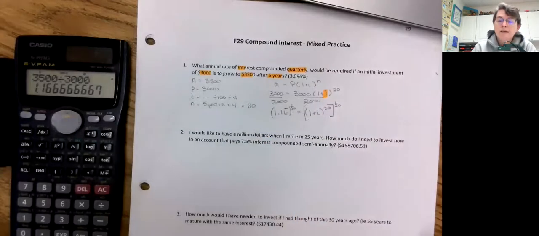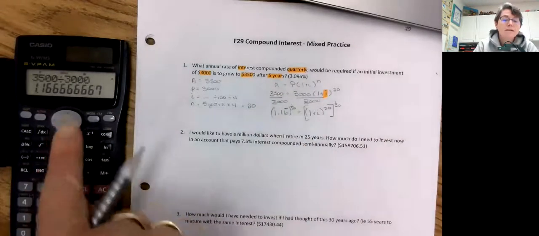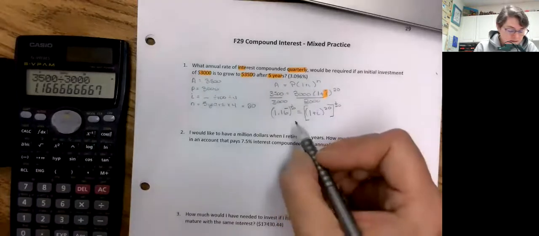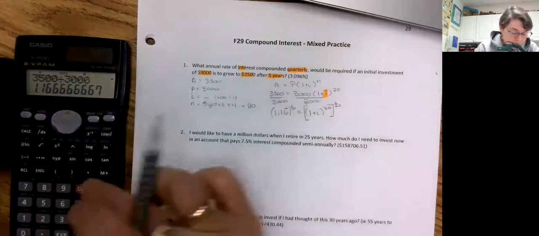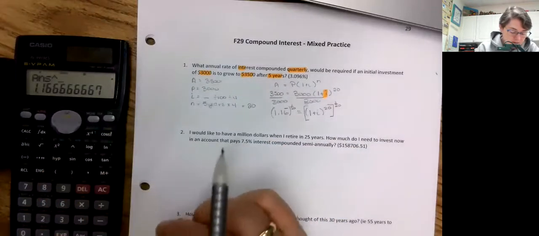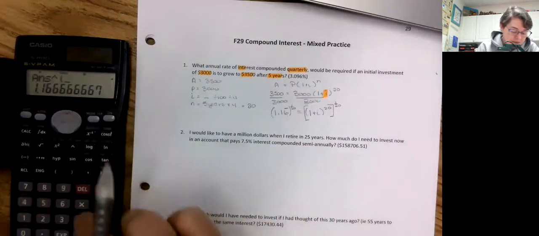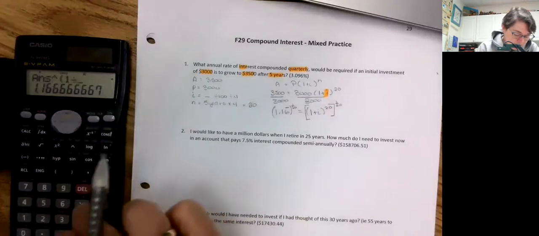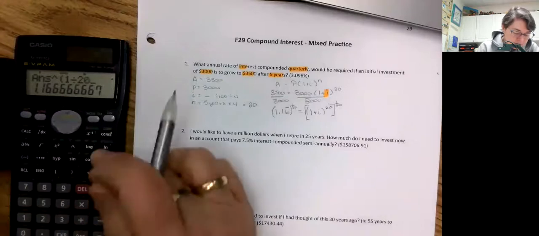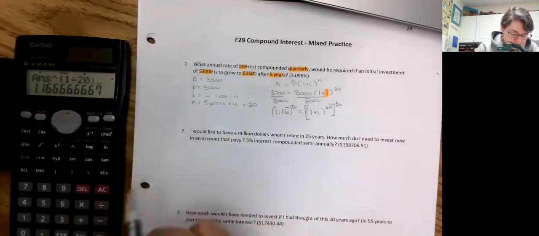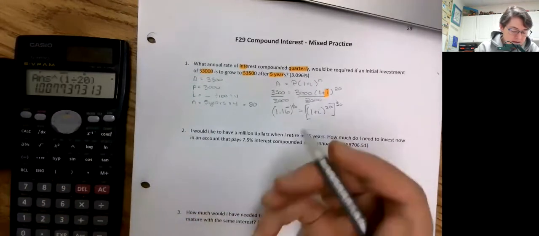Same thing, right? Golden rule of equations, whatever you do to one side, you have to do to the other. So I still have that 1.1666 number here. And I'm just going to do exponent, and then I'm going to use my bracket keys: 1 divided by 20, close my brackets and equals.